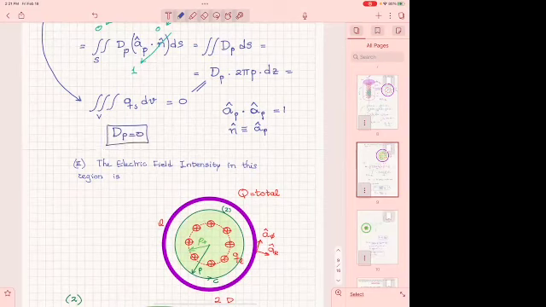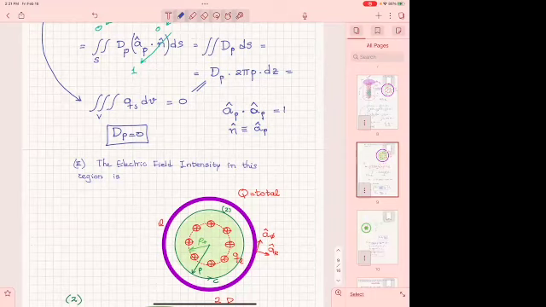Now, this is the proof of something that we have said. You remember? We have said in any problem, that if you integrate over a volume that does not include charges, if you integrate the electric field or the electric flux density over a volume that does not include any charges, what happens to that integral?